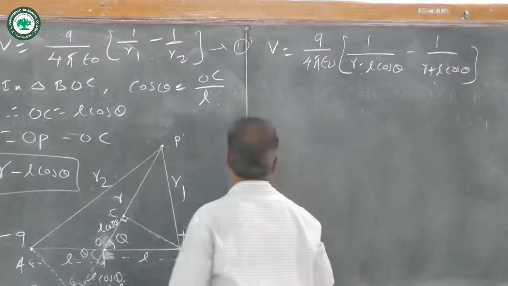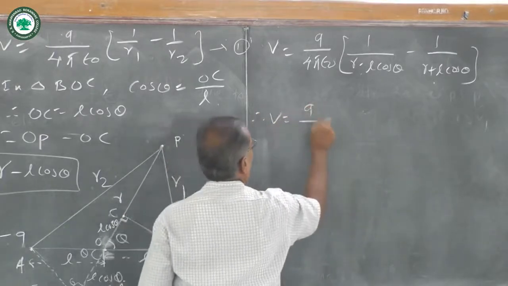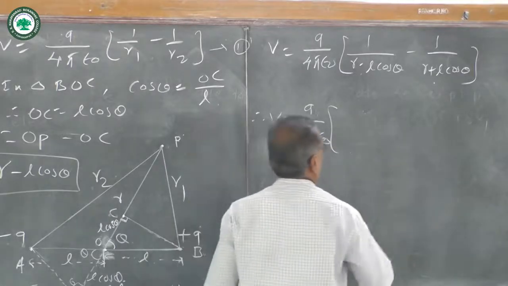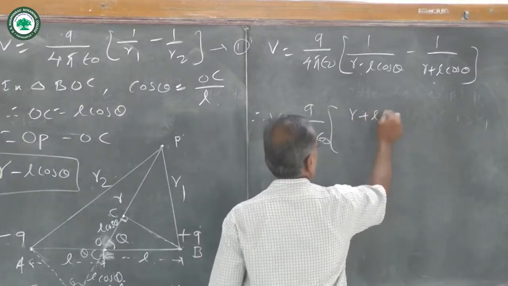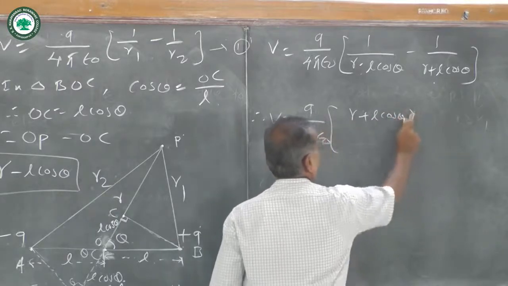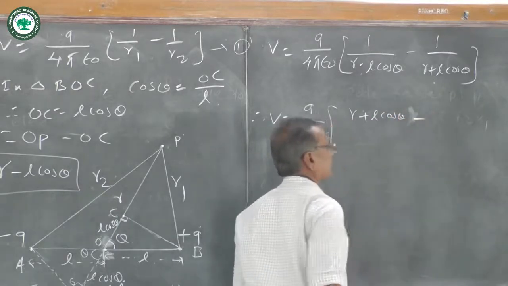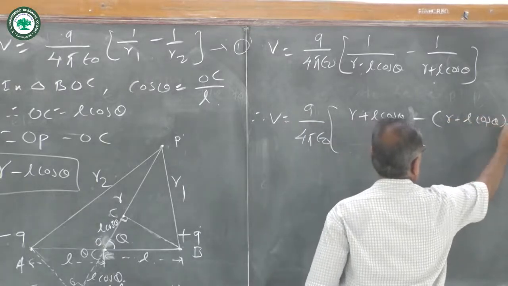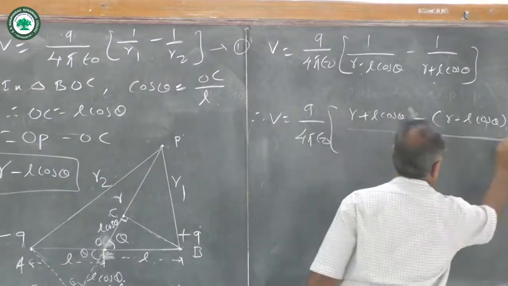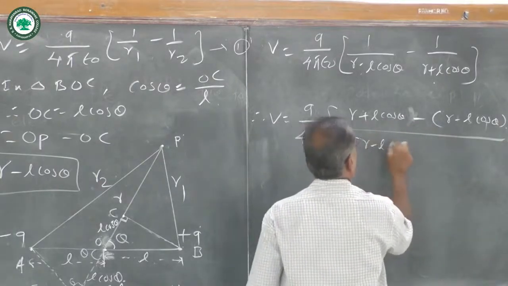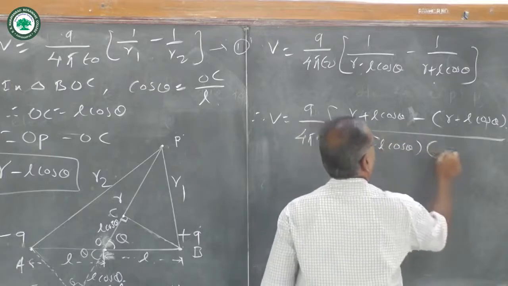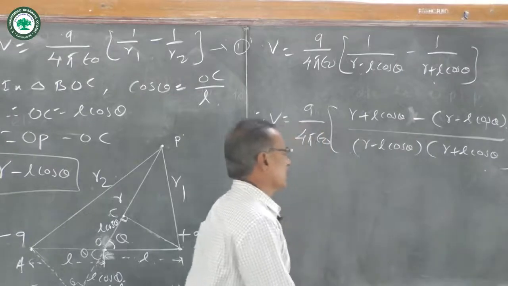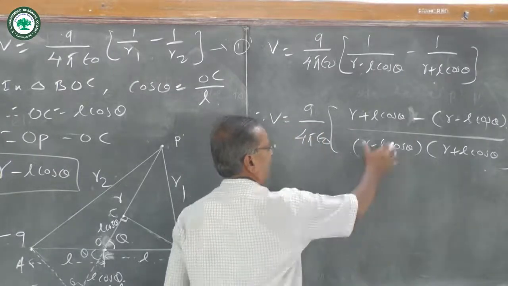We will take the LCM. So V equals Q upon 4 pi epsilon naught, in bracket R plus L cos theta minus R minus L cos theta, divided by R minus L cos theta, second bracket R plus L cos theta. So we will solve it.